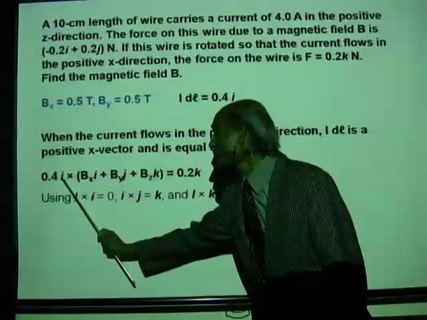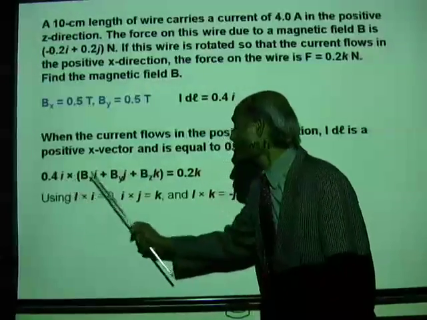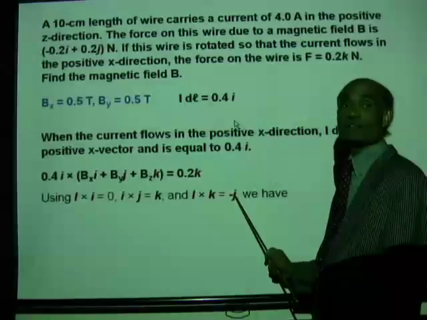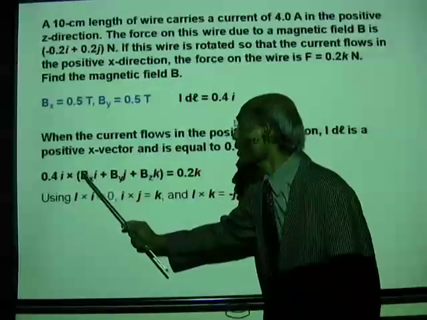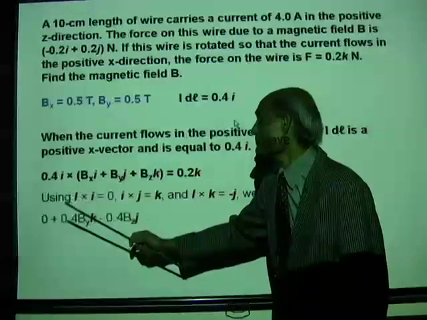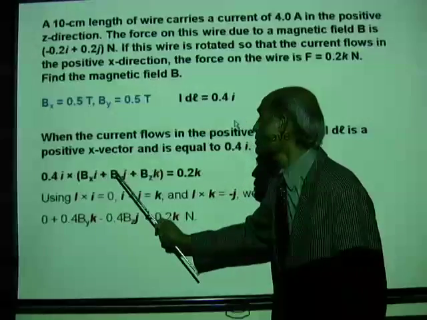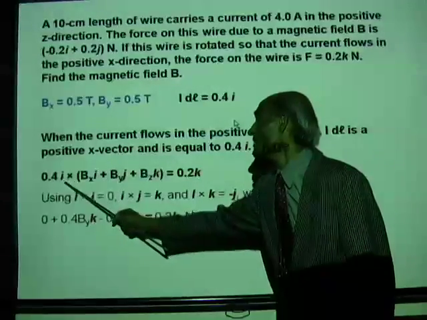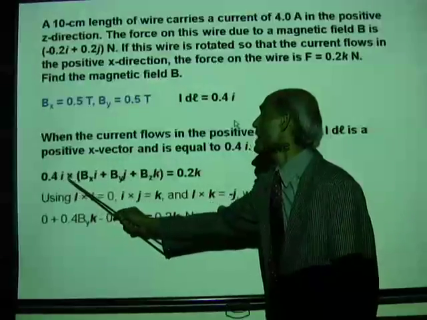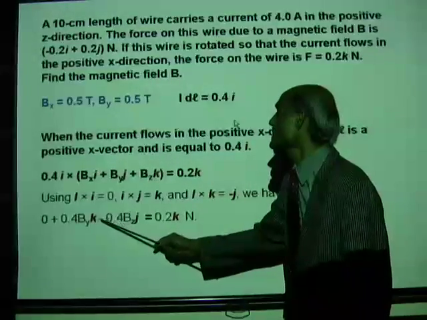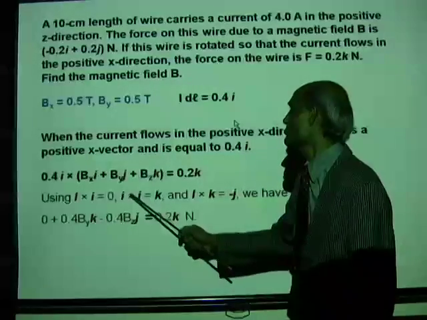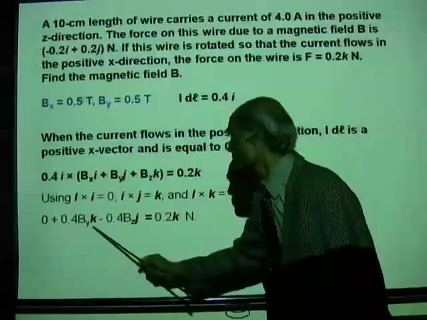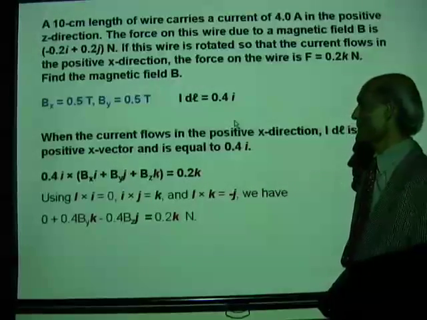Now, use I cross I equal to 0, I cross J equal to K, and I cross K equal to negative J. So 0.4I cross BXI will be 0, and 0.4I cross BYJ will be 0.4 BYK, because I cross J equal to K, and 0.4I cross BZK will be negative 0.4 BZJ, because I cross K is negative J. So the left hand side simplifies to this, and the right hand side is 0.2K.